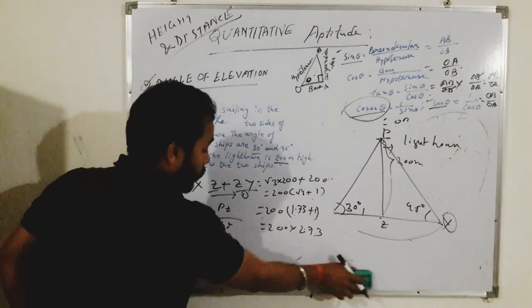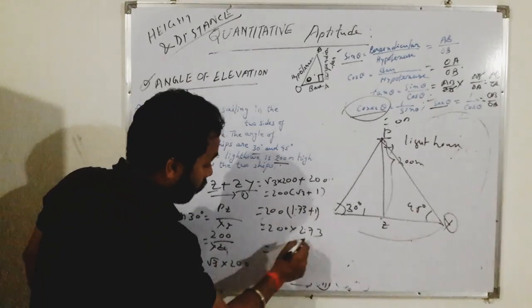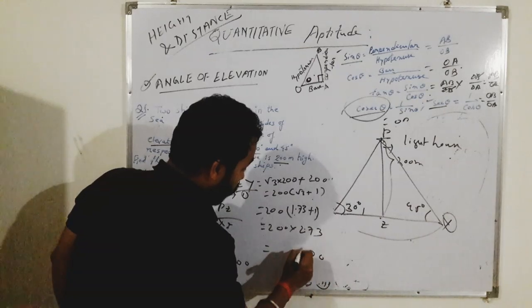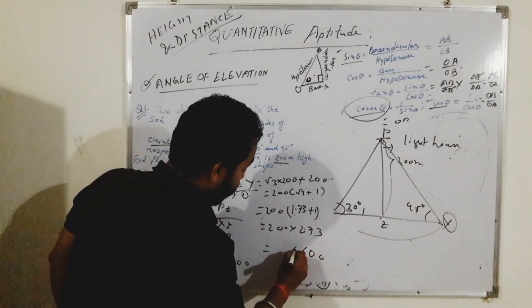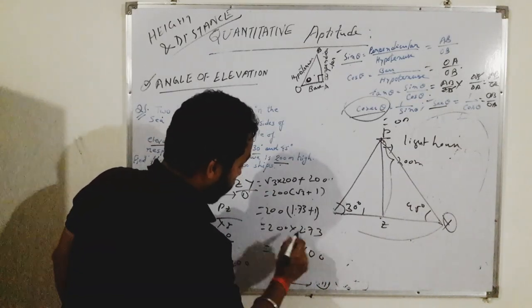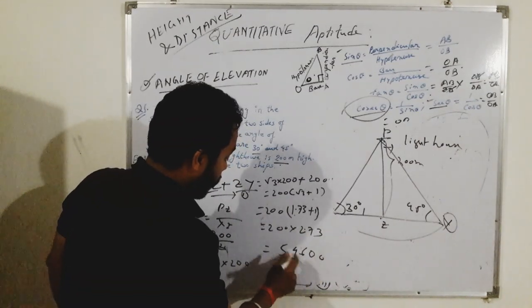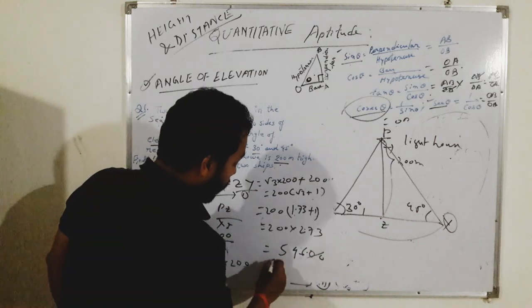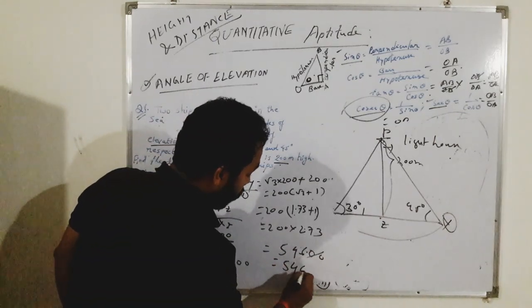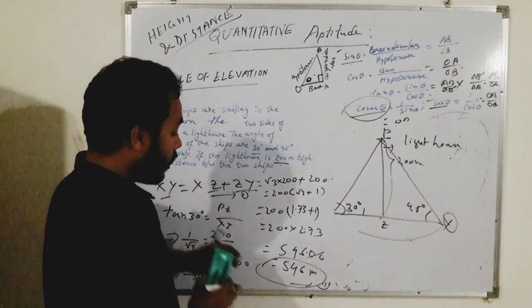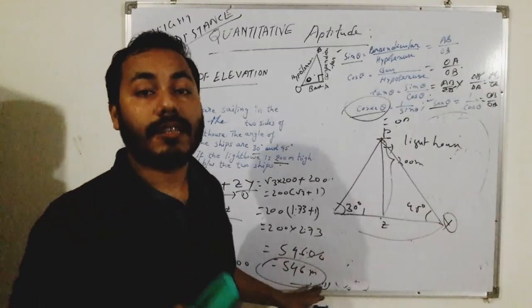Now 200 into 2.73. The value of XY comes out to be 546 meters.